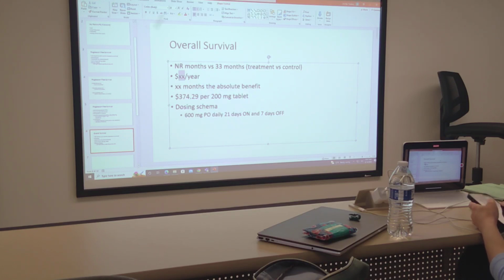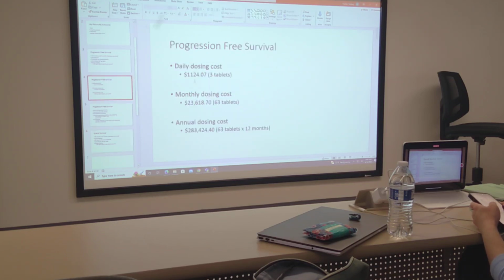What do we say in reference to the amount that we would spend for 1 year benefit of overall survival? 120,000. This is the same as what we already had.